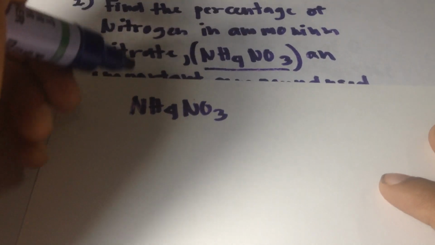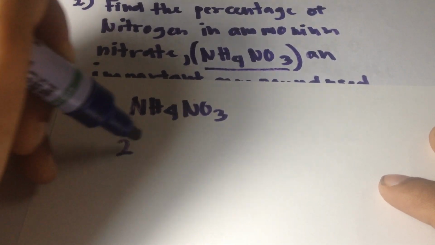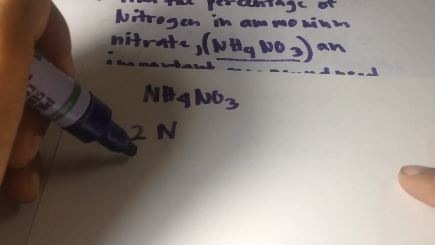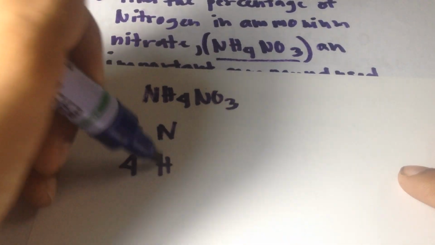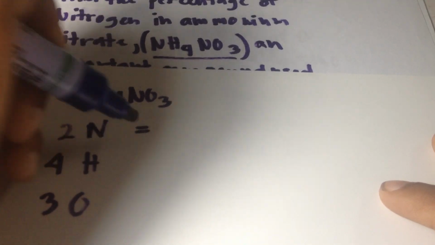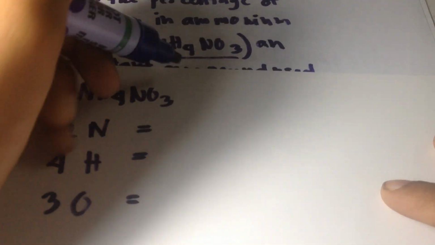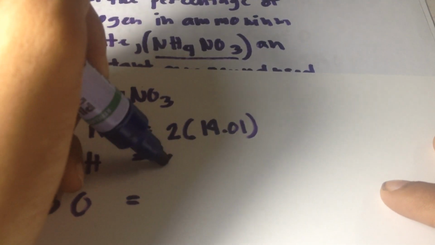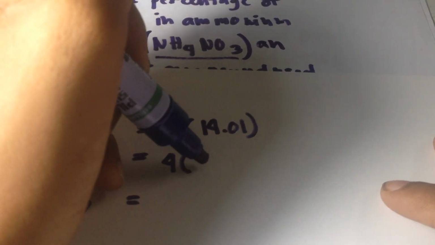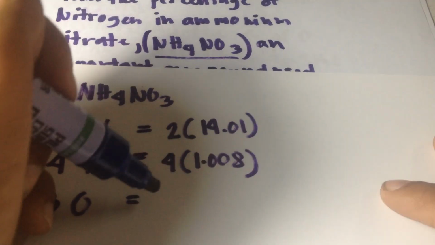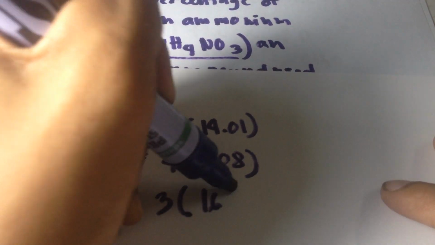So calculate the formula mass. Nitrogen has 2 moles and hydrogen has 4 moles and oxygen has 3 moles. So equals 2 times the molecular weight of nitrogen, which is 14.01, then 4 times the molecular weight of hydrogen, which is 1.008, then 3 times 16.